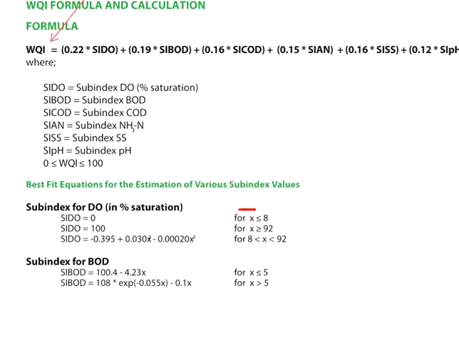If it is less than 8% of the dissolved oxygen, the sub-index for DO will be equals to 0. If it is more than 92%, the sub-index is equals to 100. Now, if the dissolved oxygen is between 8% to 92%, you may use these functions to acquire the sub-index.